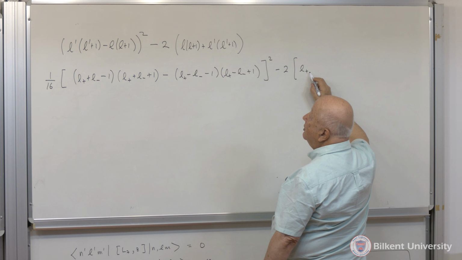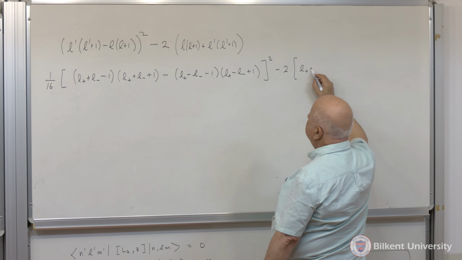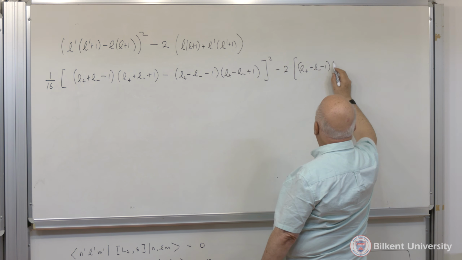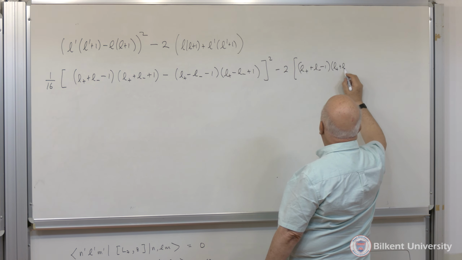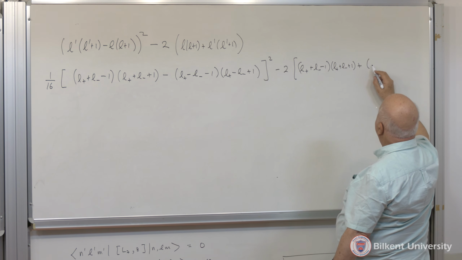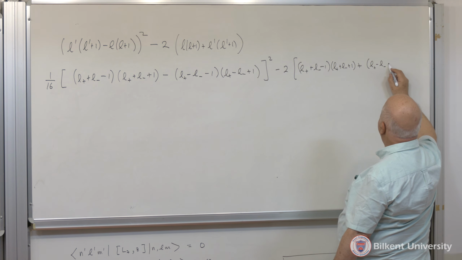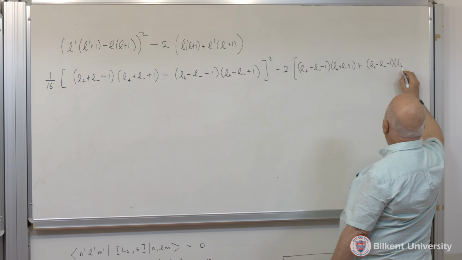Let me write in the same order: L plus L minus minus 1, L plus L minus plus 1, plus L plus minus L minus minus 1, L plus minus L minus plus 1.